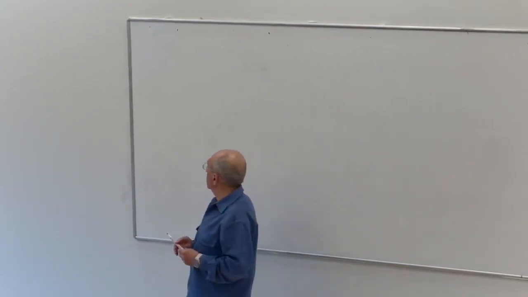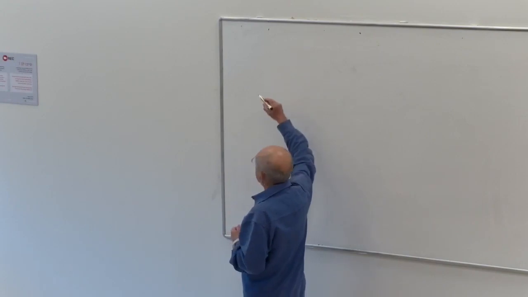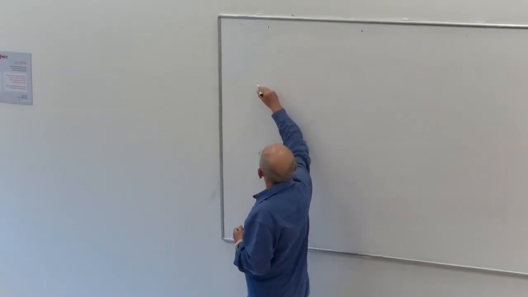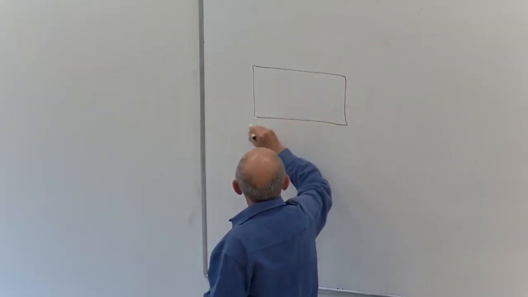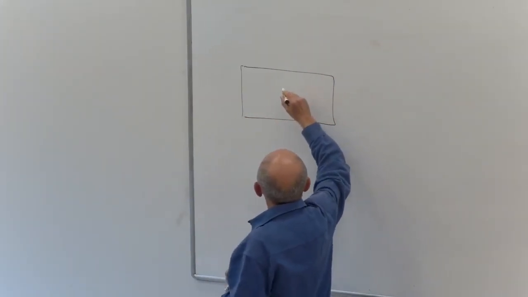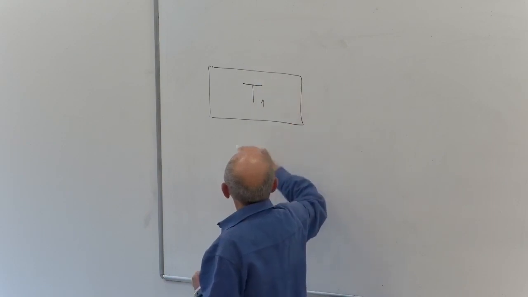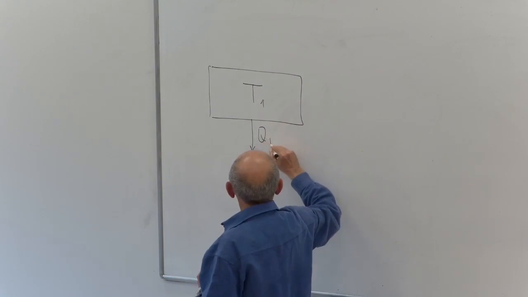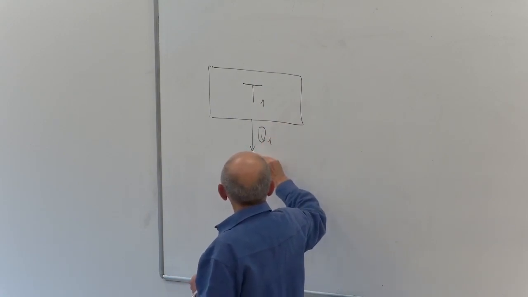And so you start asking how efficient your thermal engine could be. So what is a thermal engine? In a really very distilled form, it has the following scheme. It has a reservoir, a body with a temperature T1, and there is a heat Q1 which is taken out of this body.